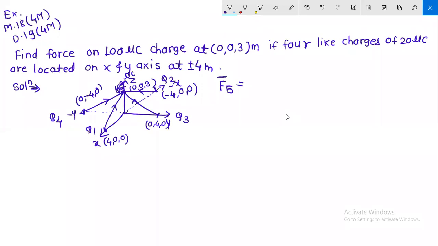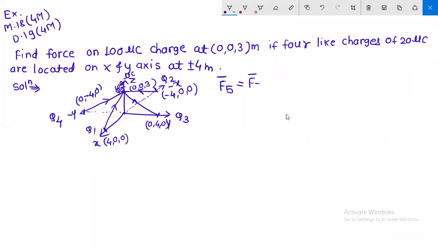Okay, so what will be the first force which is acting on charge q5 due to charge q1? So how can I write this? Total force F bar 5 is equal to first force, that is force acting on charge 5 due to charge q1.